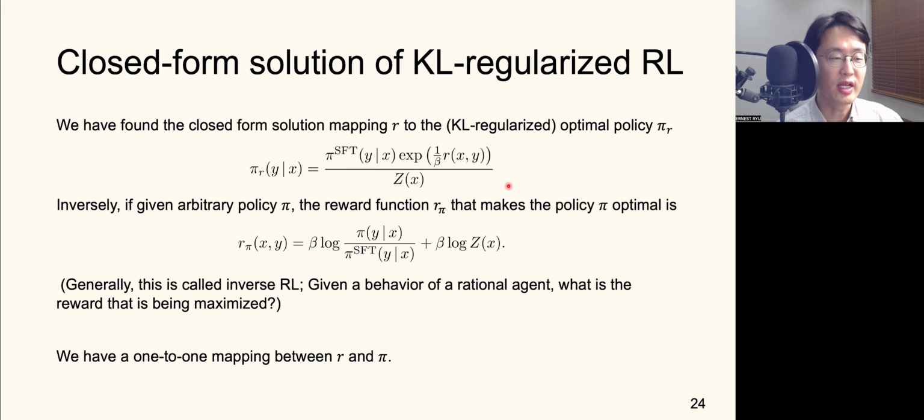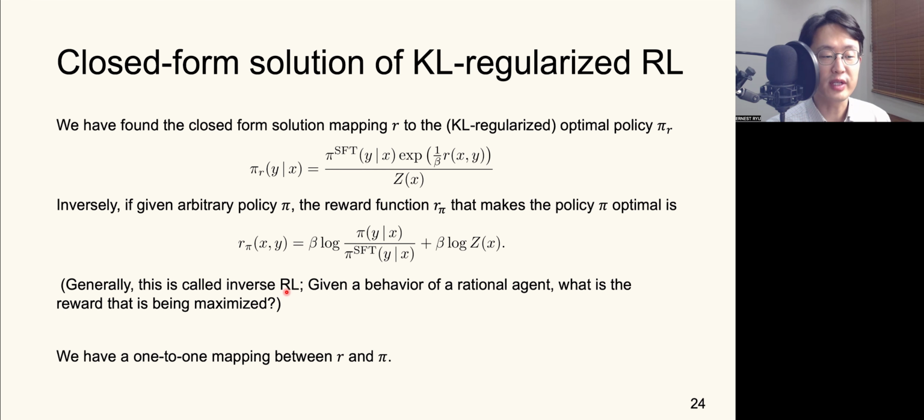However, you can actually invert this relationship. It turns out that this mapping from a reward to an optimal policy can be reversed. So if I specify any arbitrary policy pi, then there exists a reward that makes this policy pi optimal. Generally, this is called inverse reinforcement learning. In inverse reinforcement learning, you observe an agent doing its thing, but you don't know what kind of rewards this agent is collecting.